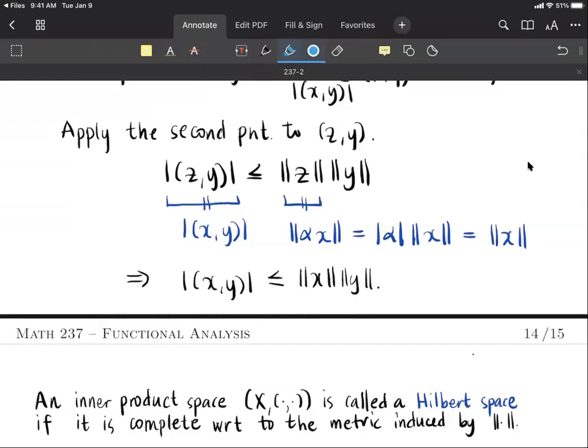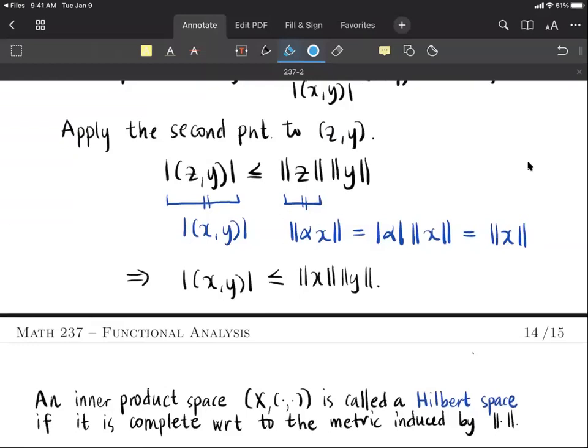A Hilbert space is an inner product space that is complete with respect to the metric induced by the norm, and this norm is the one induced by the inner product according to the theorem that we have just presented. Okay, so again, if you have an inner product, you can have a norm.